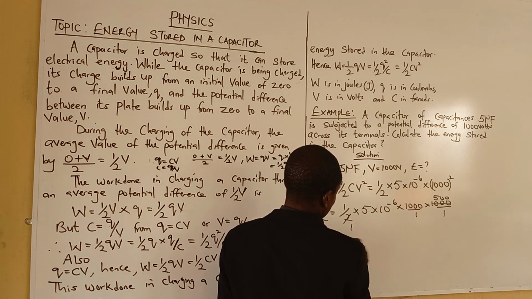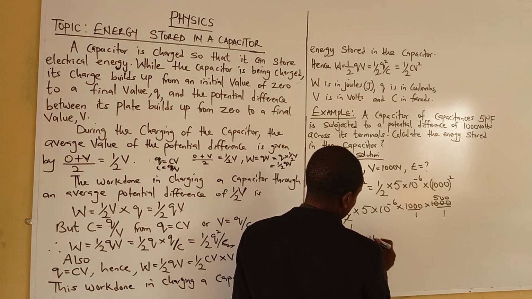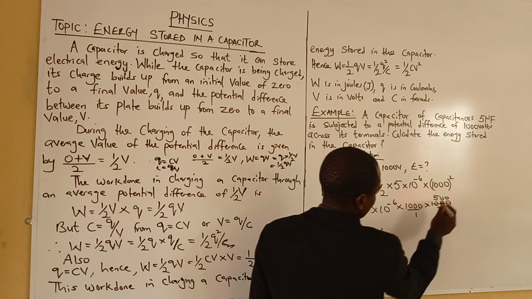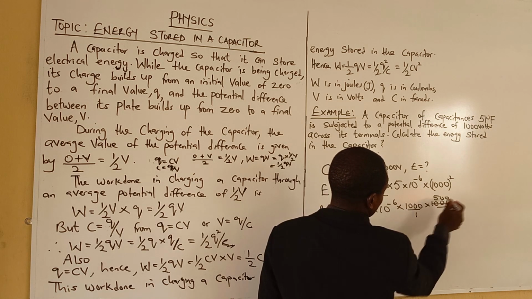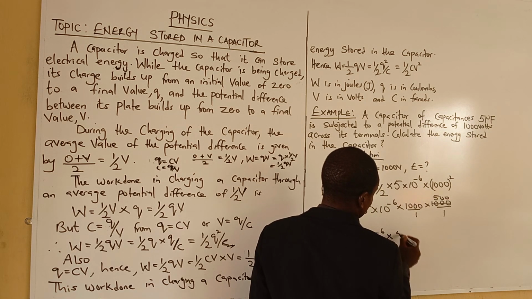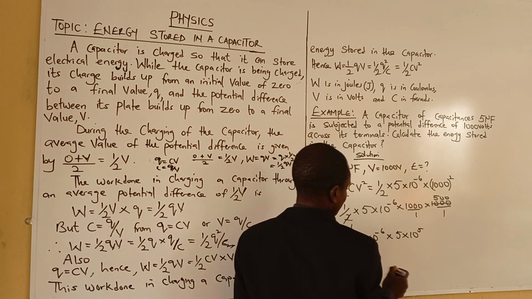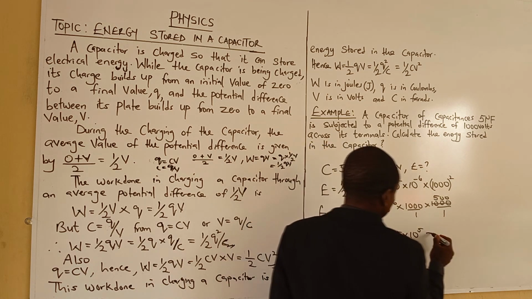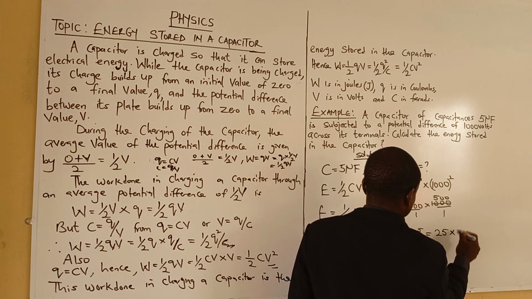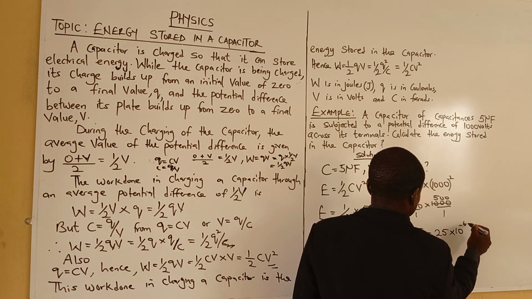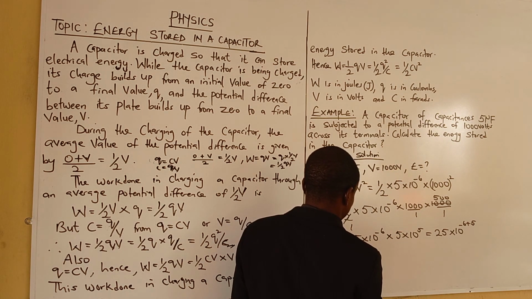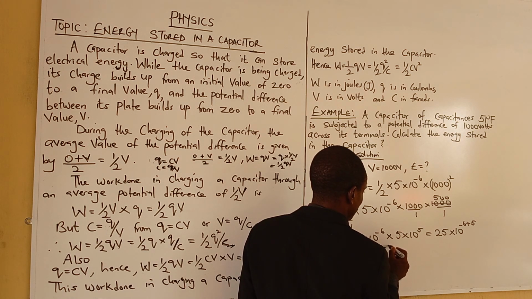Energy equals 5 times 10 to the power minus 6 times 500 times 1000, which is 5 times 10 to the power 5. Okay, 5 times 5, that's 25, times 10 to the power minus 6 plus 5. Energy equals 25 times 10 to the power minus 1.